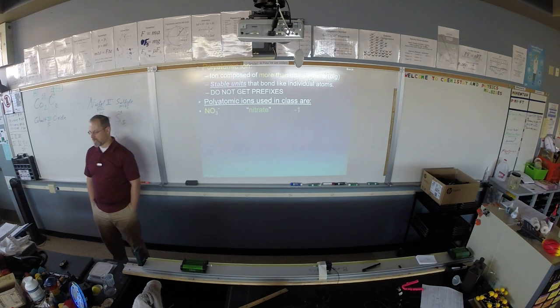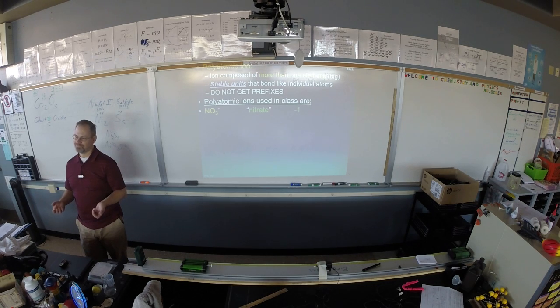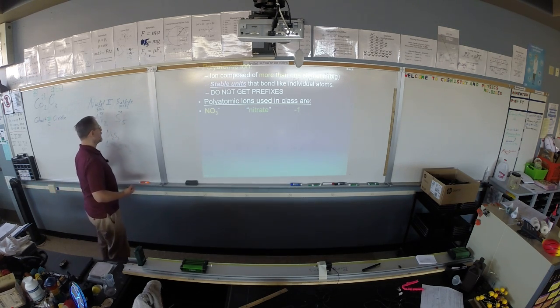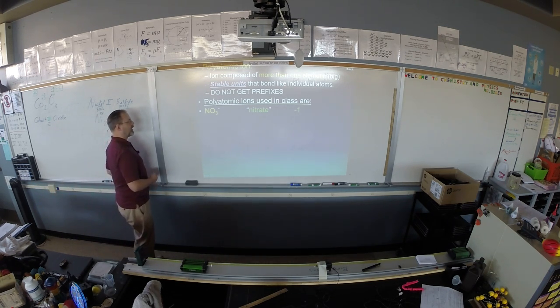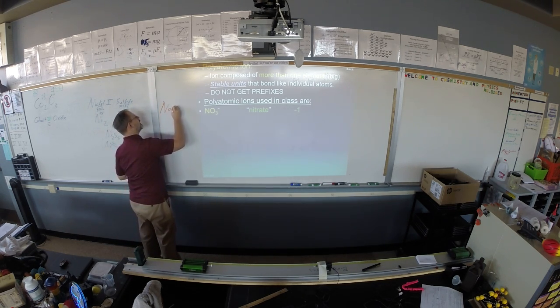Now I told you yesterday at the beginning of class, everything in this class, all the chemicals we're using are what? Binary, yeah. Everything we use in this class is binary. One positive thing, one negative thing. So let me show you a good example of a chemical of nitrate, NaNO3.